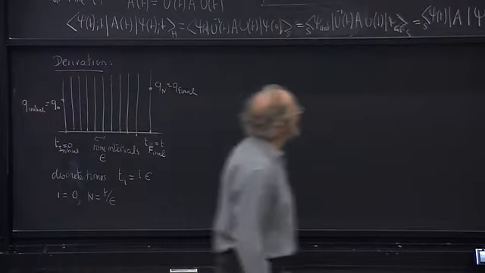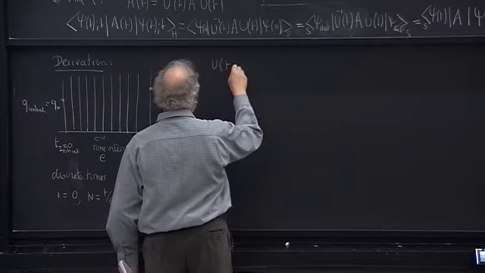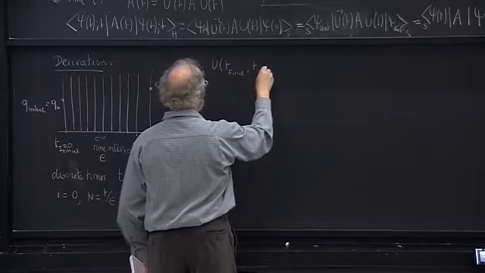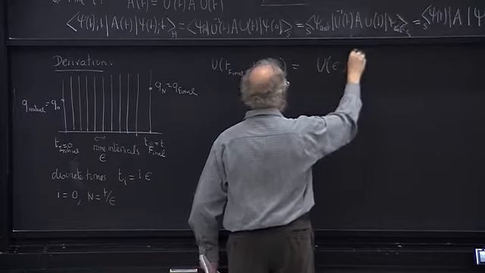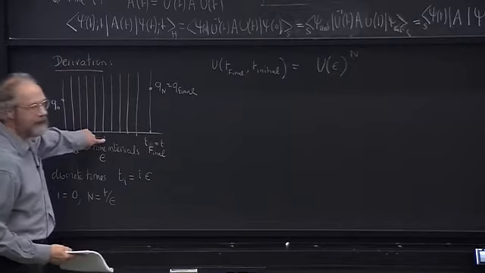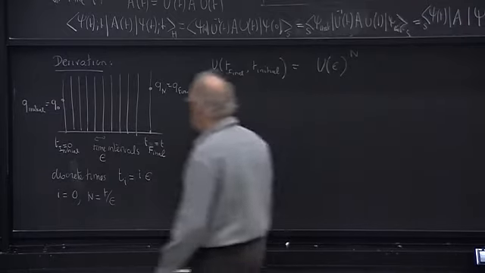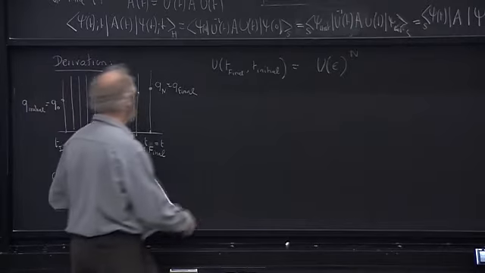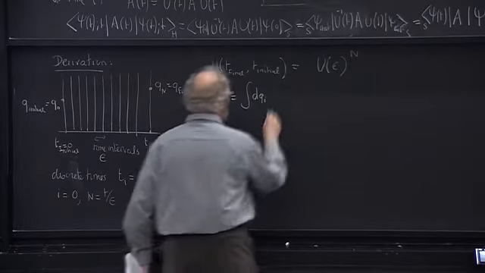And basically, you write U of t final, t initial as a product of U of epsilon to the power n, because it's a product of n times the evolution operator for a time interval epsilon. And you use the fact that at each time step, you may insert a decomposition of unity by writing that 1 is the integral over dq_i of |q_i><q_i|.